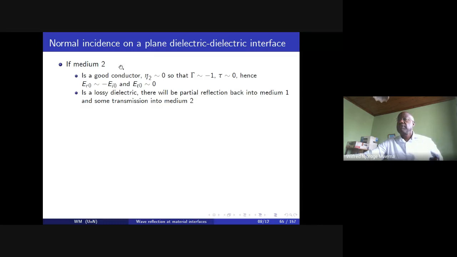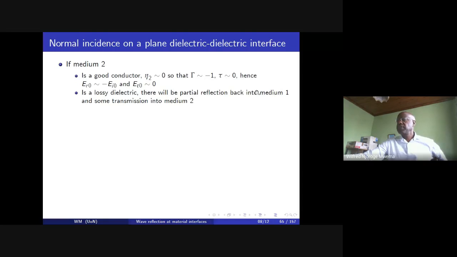Now, if the dielectric itself had loss, that is sigma, the conductivity, was non-zero, which means it must be containing free charges in itself, then this would happen.